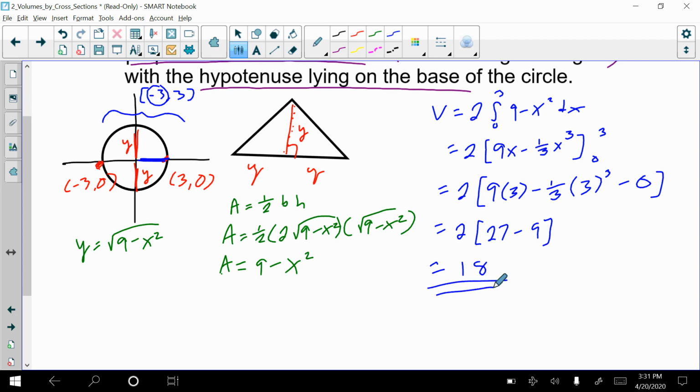Oops, nope, I'm way off. Okay, let's see if I can do this correctly. This becomes 18, and 2 times 18 gives me 36 cubic units for my volume. Now I have a happy little answer.